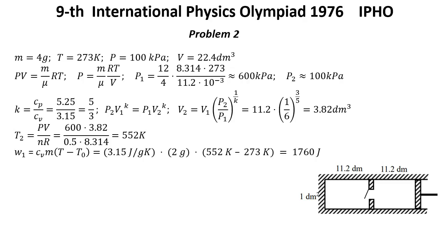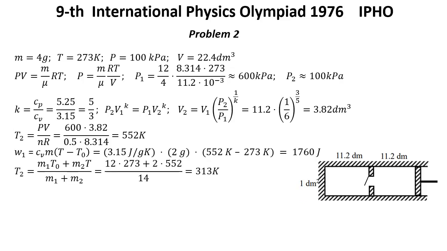Next, the valve opens, the piston is arrested, and the temperature after the mixing has been completed. So finally, after the whole mixing, we have temperature equal 313 Kelvin.